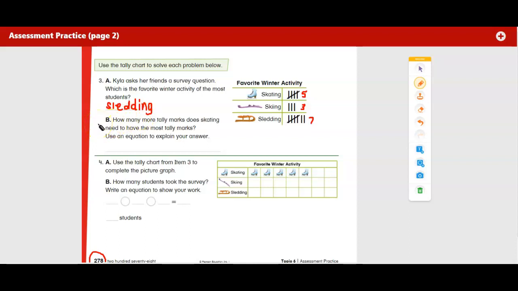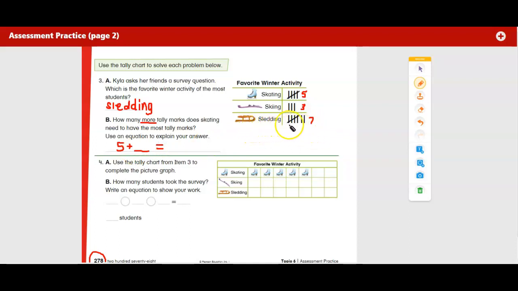For part B, it wanted us to show how many more tally marks does skating need to have the most tally marks. To begin, you would need to have the total number of votes for skating, which is 5, and it needs to be more than the most amount of tally marks.